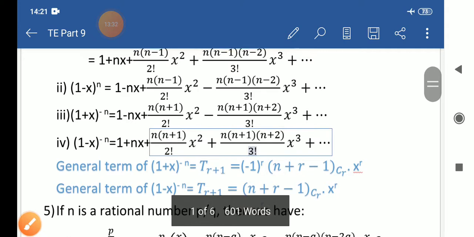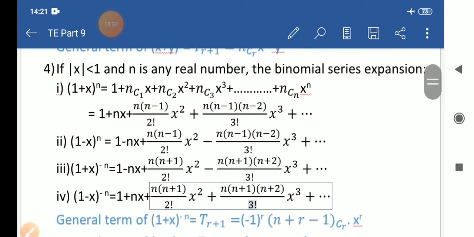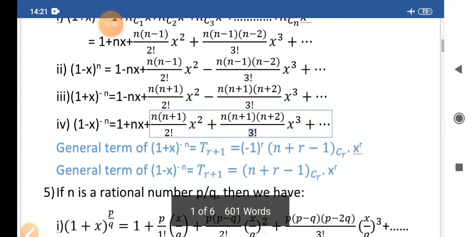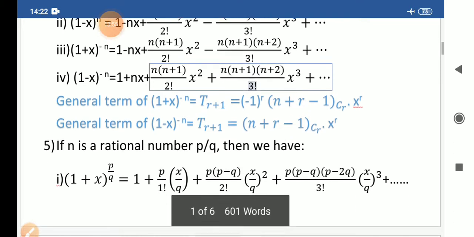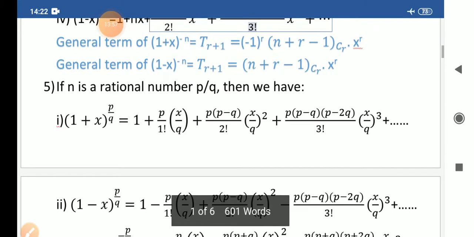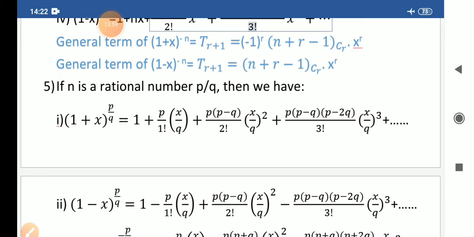We have 1 plus x power n; put p by q in the place of n in this formula. 1 plus n x, so 1 plus p by q x, plus n into n minus 1 by 2. Put n is equal to p by q and simplify. We have p into p minus q by 2 factorial into x by q whole square. Okay. You remember these four formulas.